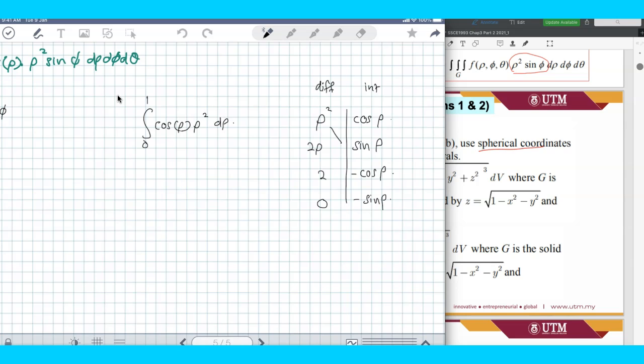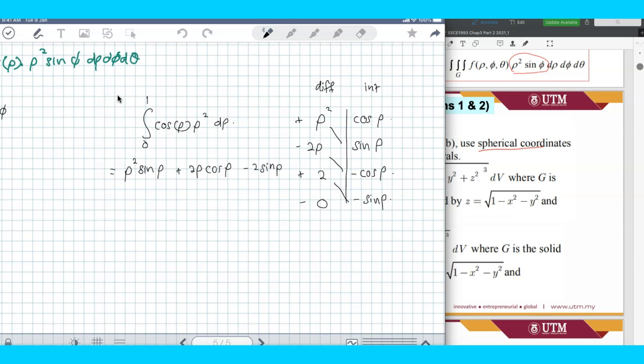I make pairs and alternate plus and minus signs, and I just copy the answer. So I will get rho squared sine rho plus 2 rho cos rho minus 2 sine rho.